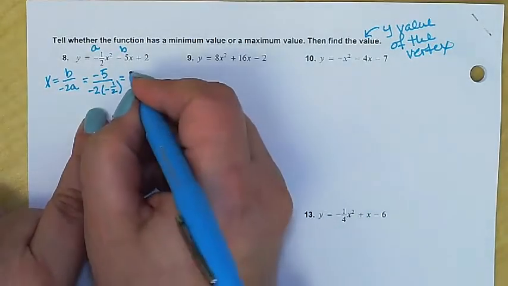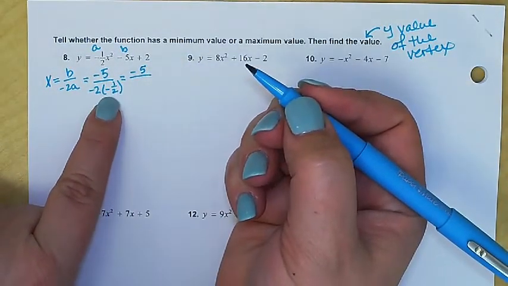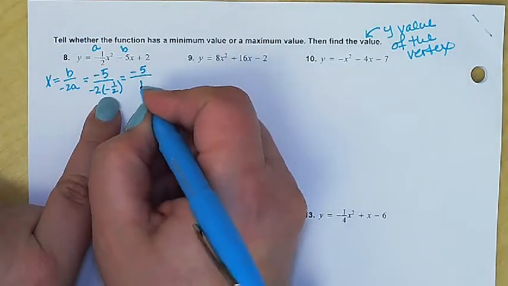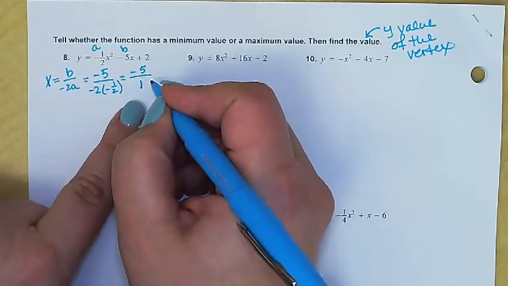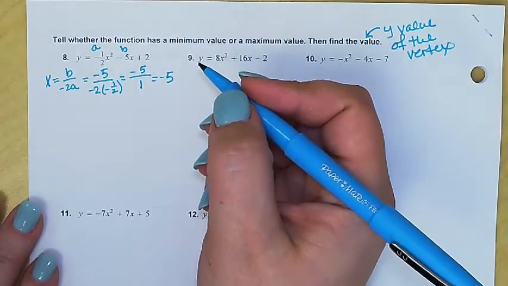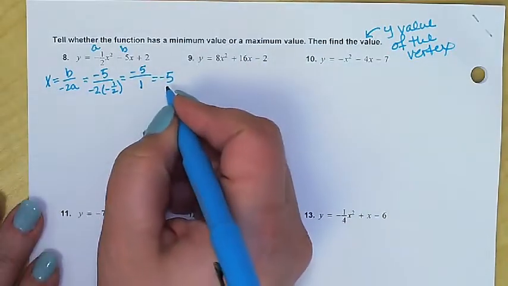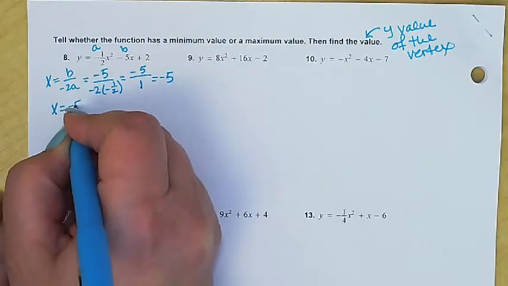Let's go ahead and evaluate that. I know that -2 times -1/2 is really just 1. Negative times a negative is a positive. 2 times a half is 1. And -5 over 1 is just -5. So I now know that the x coordinate of the vertex is -5.